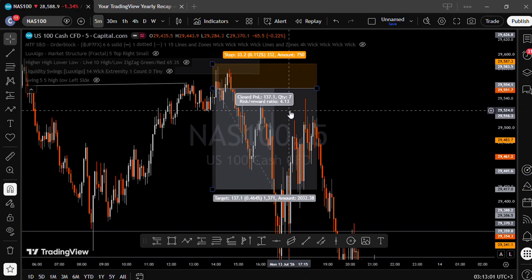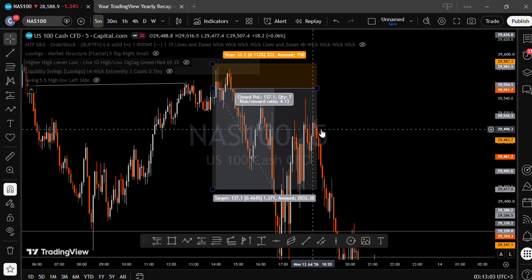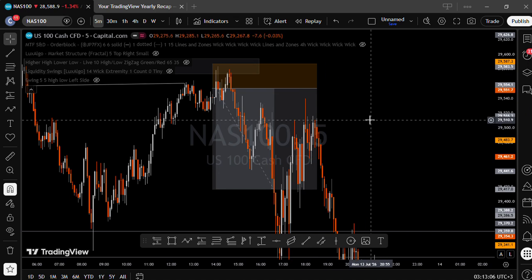And I got a 1 to 4. Currently I'm still in my prop firm challenge. I am in drawdown, so I normally risk 0.5% of my account. And if I happen to come to profit, I can maybe risk 1%.